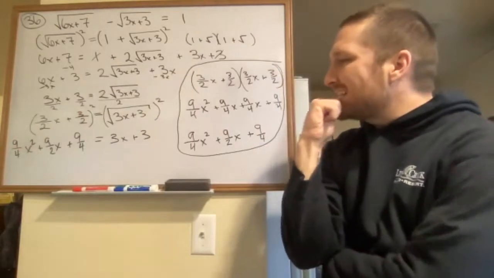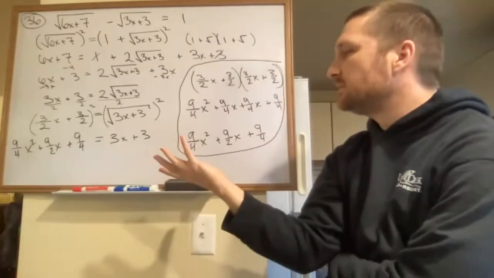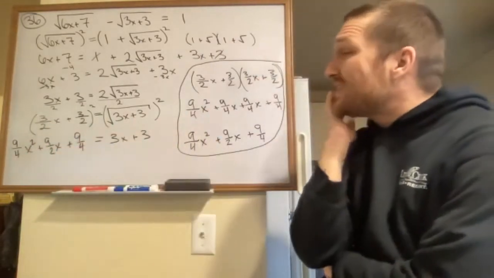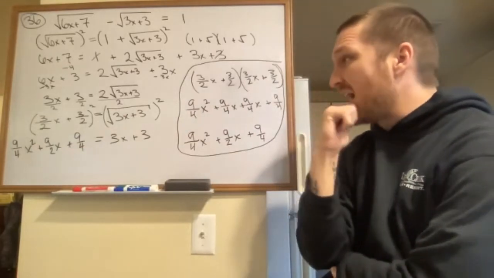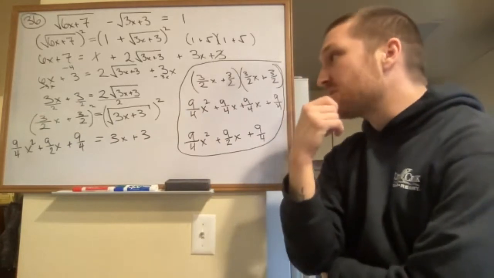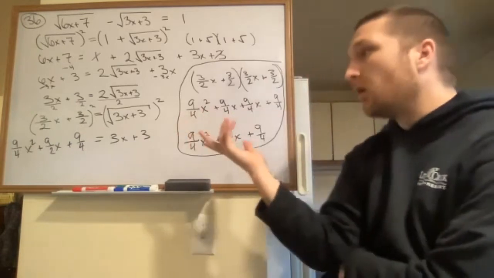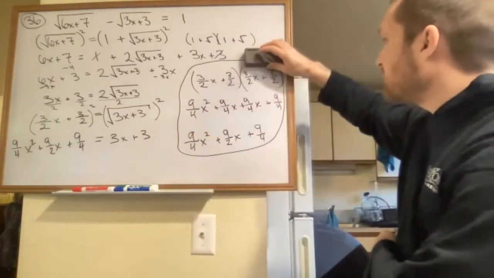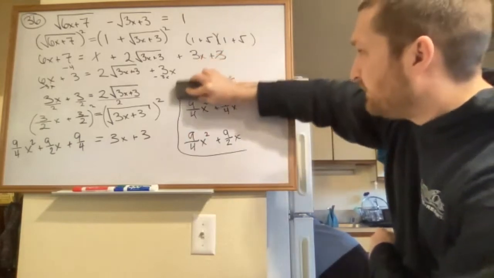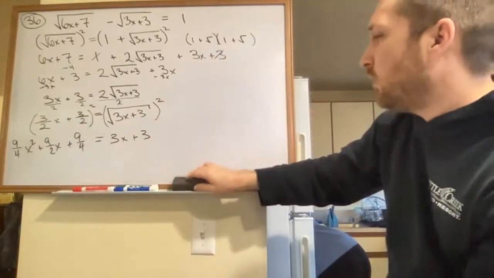Then I start thinking, I have a polynomial and I have a bunch of fractions. What I could do is just kill these fractions right now. In fact, if I multiply both sides of this equation by 4, I could kill all of those fractions. So I'm going to erase this work right here, because that's just the details.